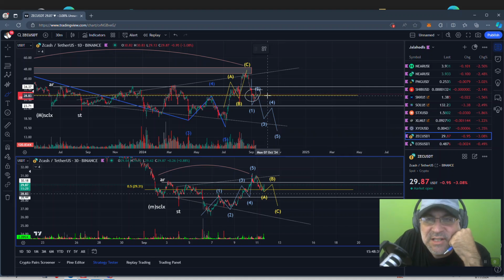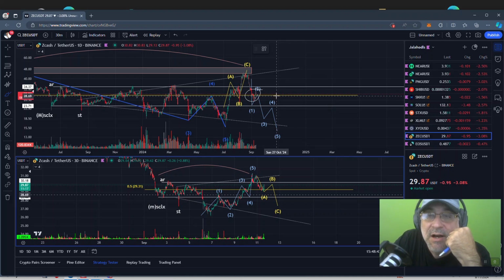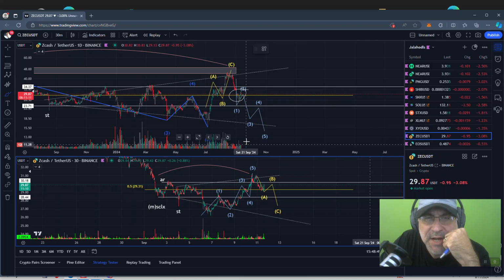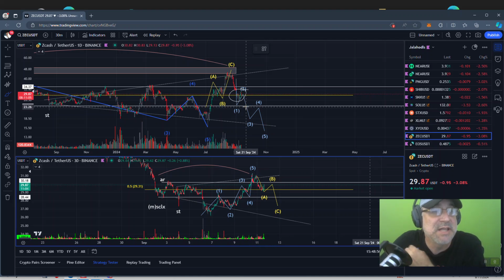Look at these areas as potential areas to accumulate. You've got the trading range midpoint where we currently are, around $29.87, and then if these Elliott waves play out, which I think they are according to the volume metrics, we'll look at the volume in a minute, then our next point of buying in could be around the $23 range.